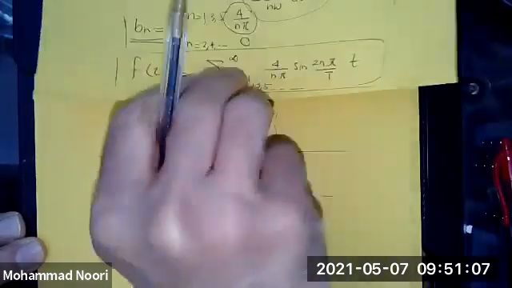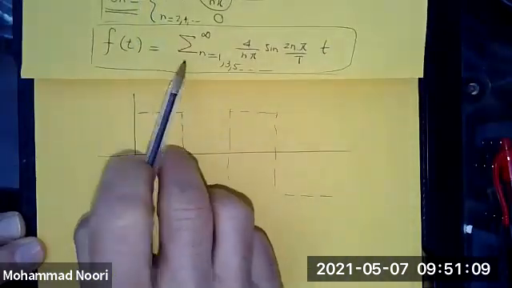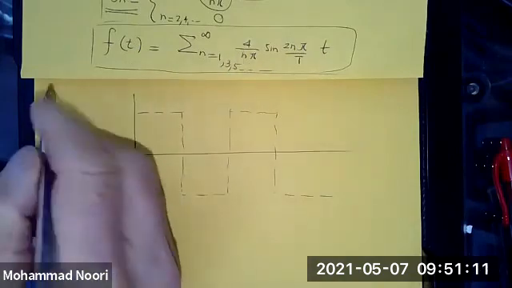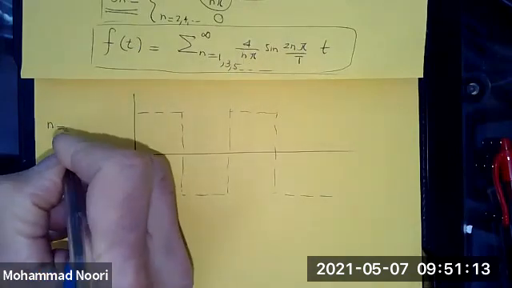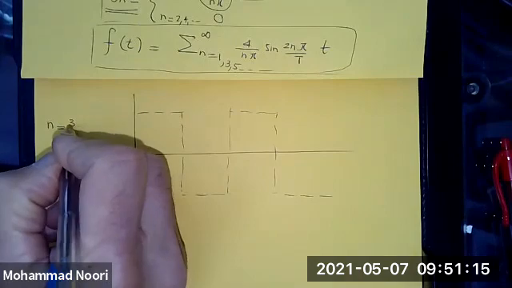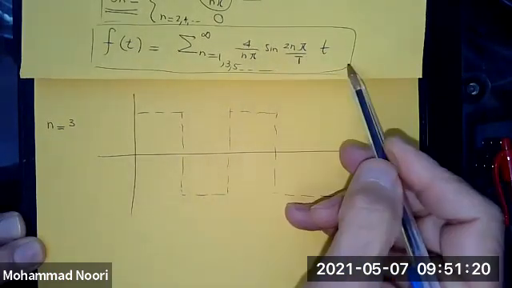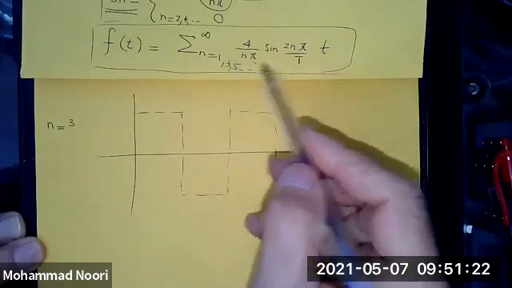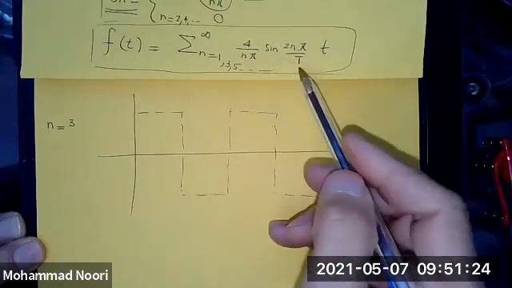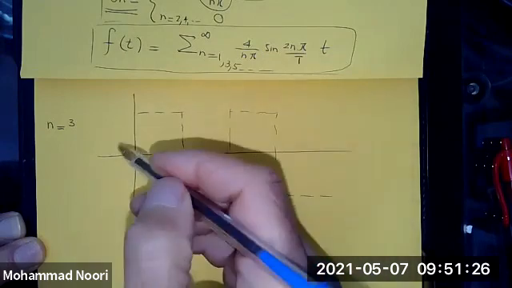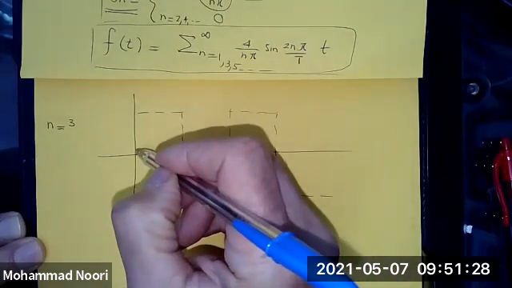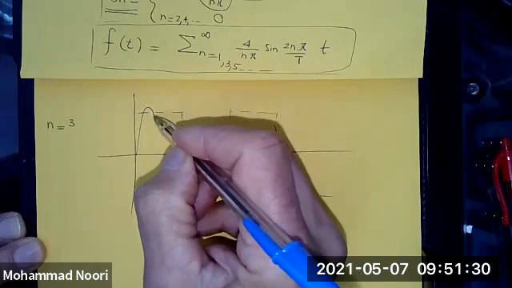Now let's plot this. If you consider just n equal to 3, in other words you have only 3 terms here, you see that if you plot that function, it looks something like this.